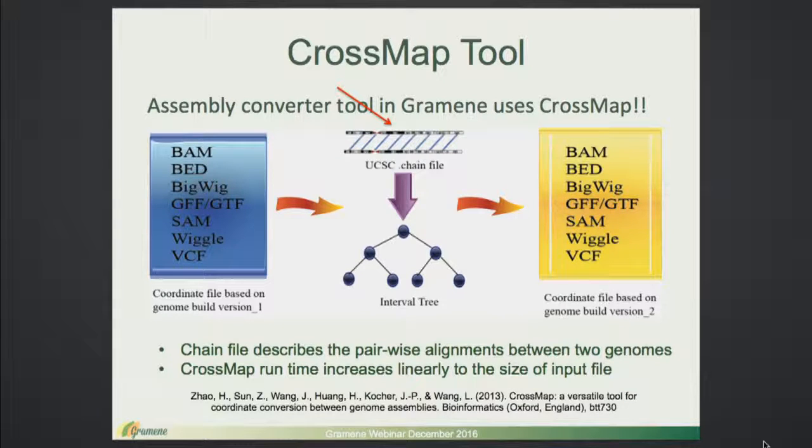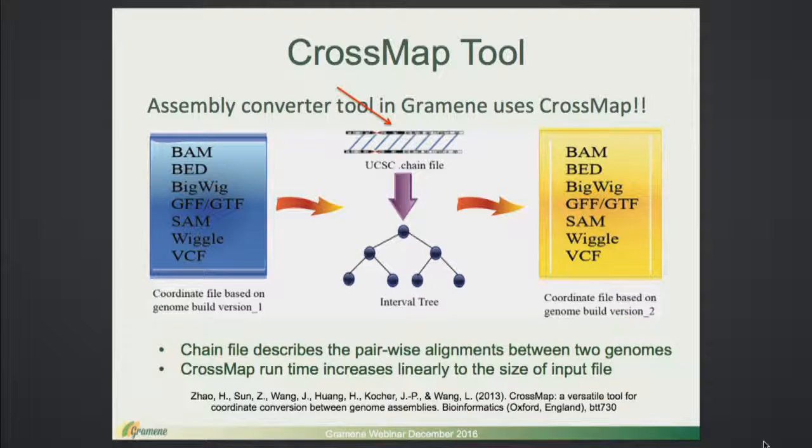The genome intervals are stored in an interval tree data structure. If you want to find an overlap for all the intervals, you can navigate through the interval tree data structure.